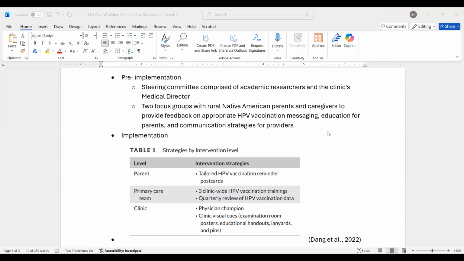So obviously going in with all of that pre-implementation work, and figuring out what could work and having potential options, to kind of go through that smart design and then randomize differently, depending on what's working. Okay. So maybe start with the reminder postcards, and if that doesn't work, then something more intensive happens, right? Based on that.